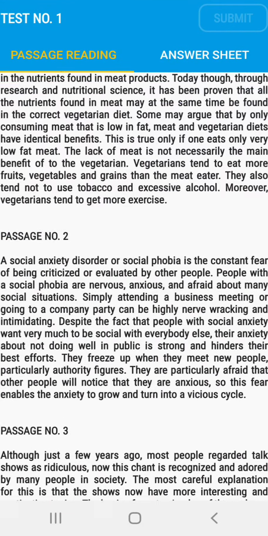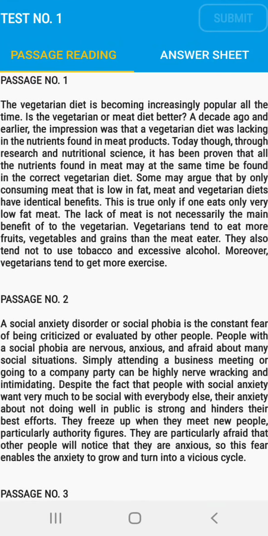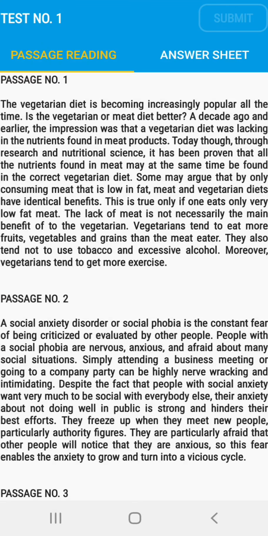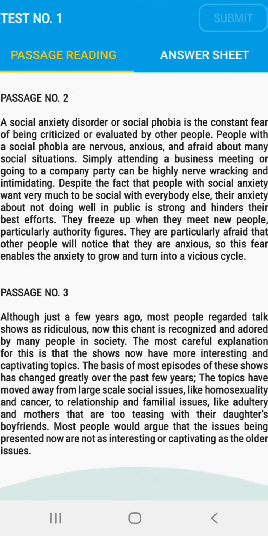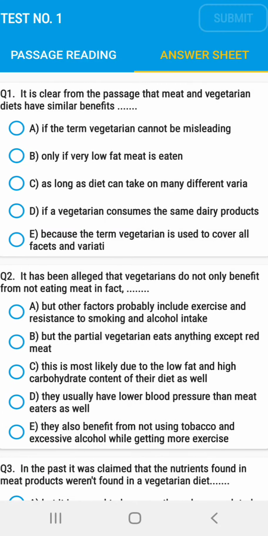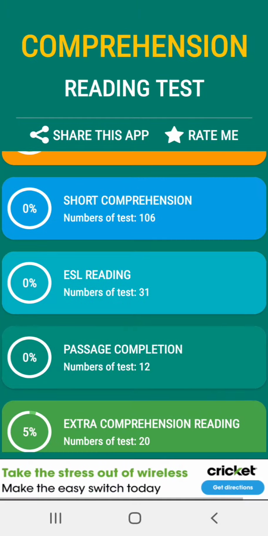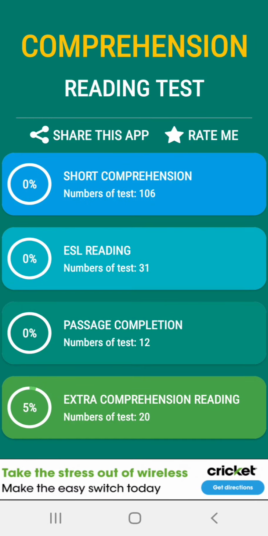On the general knowledge reading exam, there are going to be like 2 passages that you have to answer questions for, not 3 passages, but just 2. And then here are the question stems. So I would advise not using short comprehension, but using the extra comprehension reading.